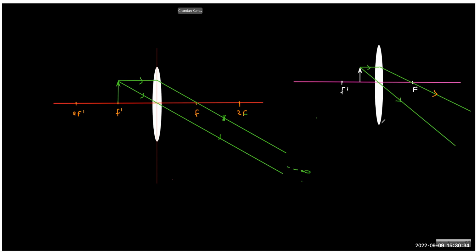And as a result, what will happen? They will never meet because these are divergent. So when they never meet, we have to extend backward.